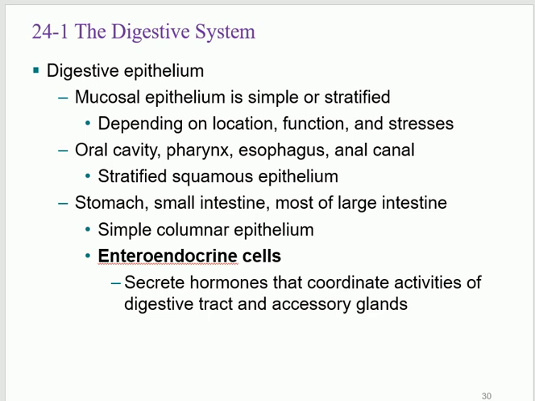Simple columnar epithelium. You should remember this. So stratified squamous until the end of the esophagus, and then everything else is simple columnar epithelium. Specifically, yes, because the first one is protecting against mechanical trauma, and this one is for chemical trauma.